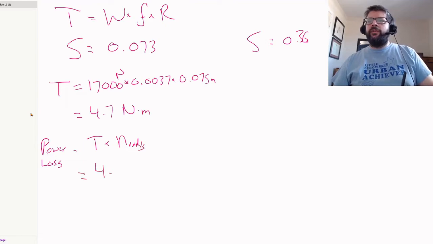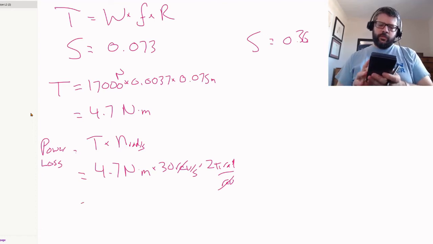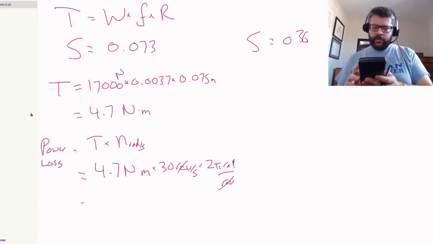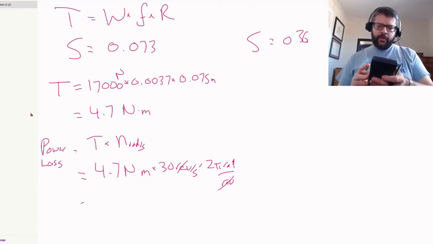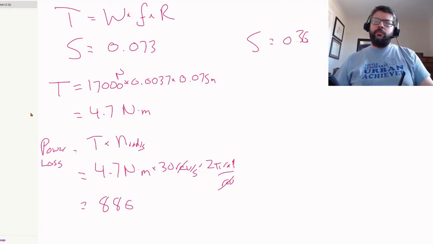So 4.7 Newton meters times 30 revolutions per second times 2 pi radians per rev. That gives us 4.7 times 30 times 2 times pi, which is 886 Newton meters per second, or watts.